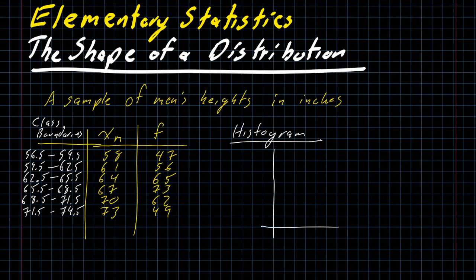The most obvious distinction is that a histogram is used for continuous data. A bar graph is used for distinct data, discrete quantitative data or qualitative data. The other thing about a histogram is instead of labeling each bar individually, we actually label the endpoints. So that's why having the class boundaries was important.